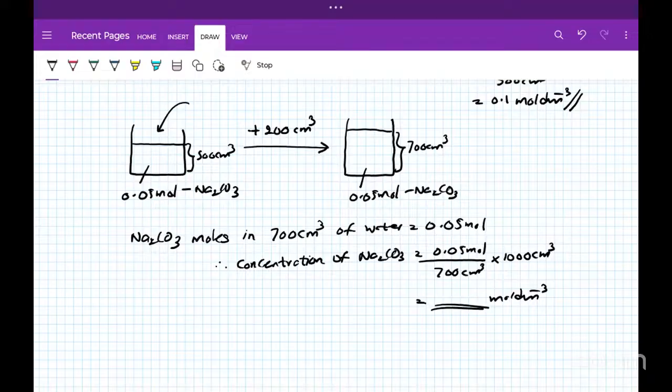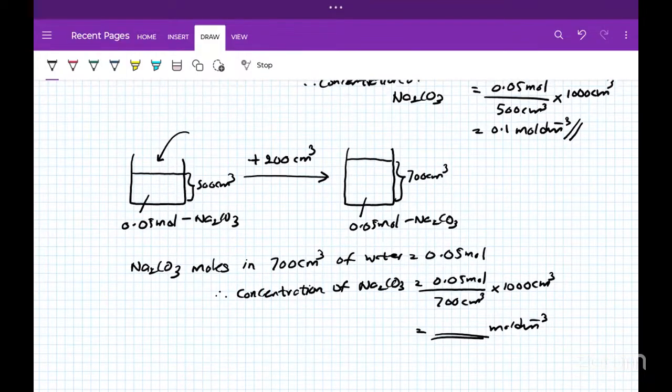So remember, when you are adding water to a certain number of moles, concentration will be changed. Right?